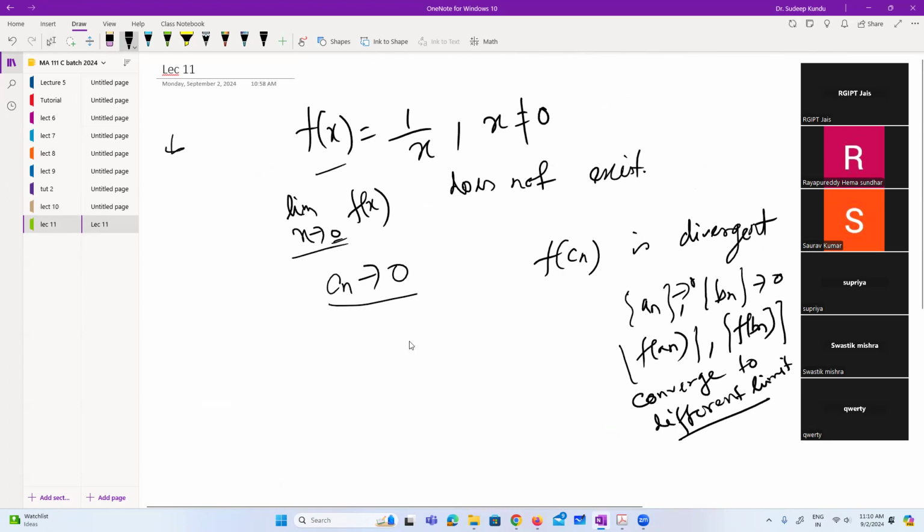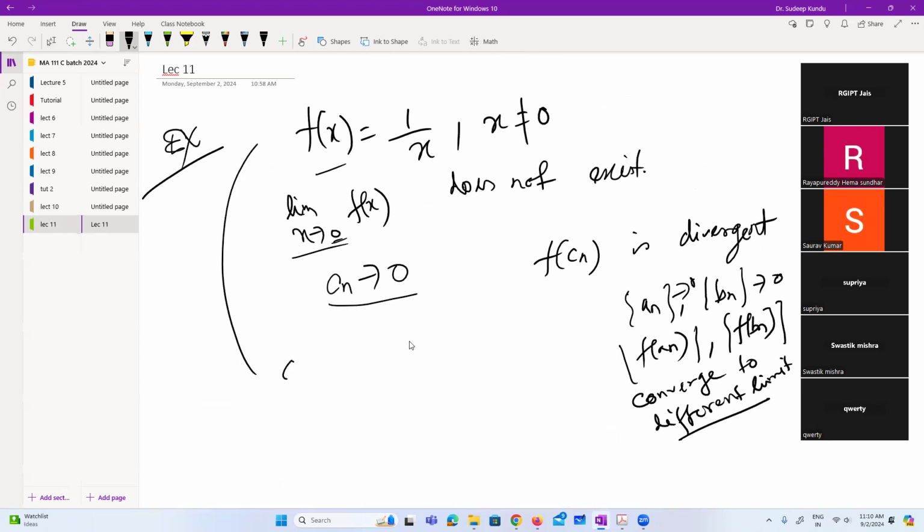What will be the example? What will be the sequence? Anyone?